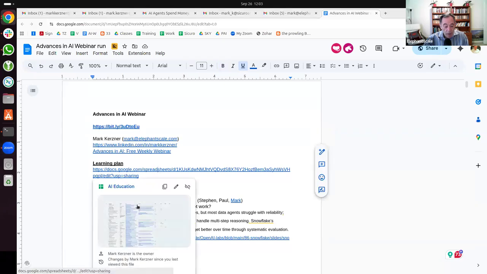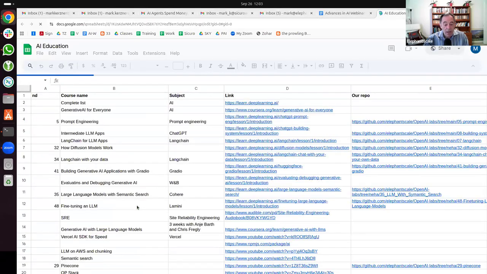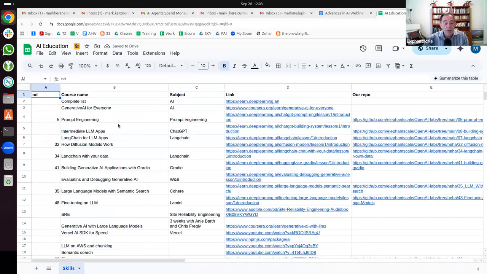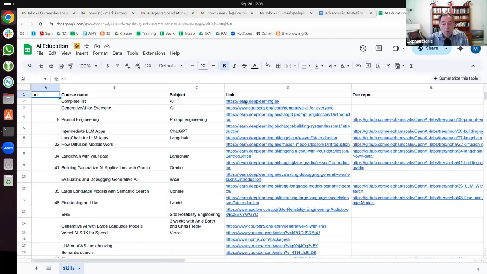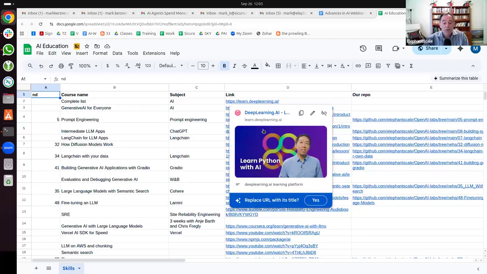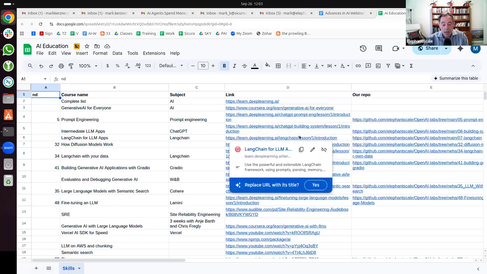If you go here, it's called AI education. And for every new course, we're starting from here. Starting from here, the structure is the course name, then the subject or where it's coming from. Then the course itself, because usually it is from Andrew Ng, but there are all kinds of sources.